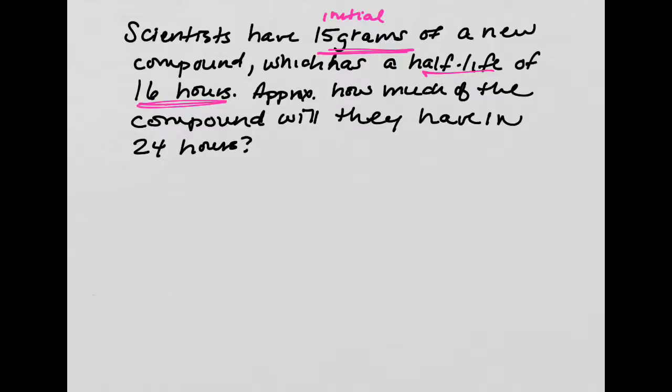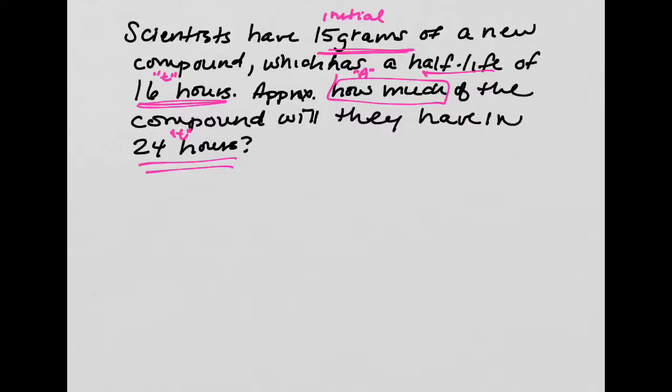So this is going to be time in our first iteration. Approximately how much of the compound will they have in 24 hours? So we're given another time, right? We're kind of given time twice here. The question is approximately how much. So this is asking for A. This is that ending amount.